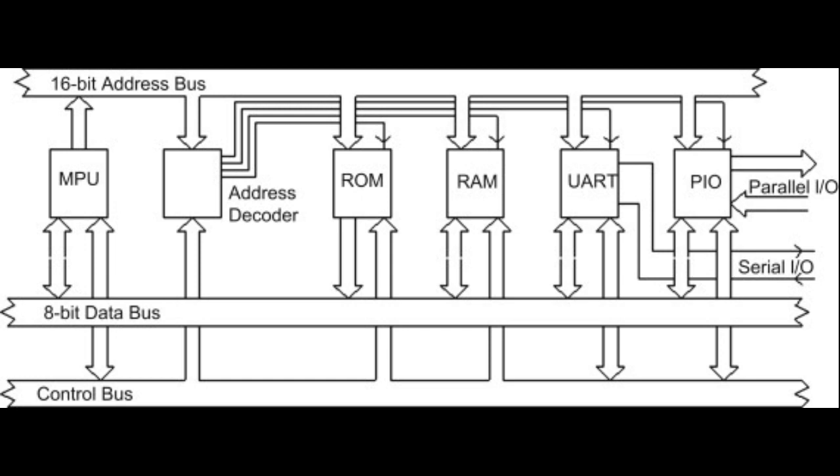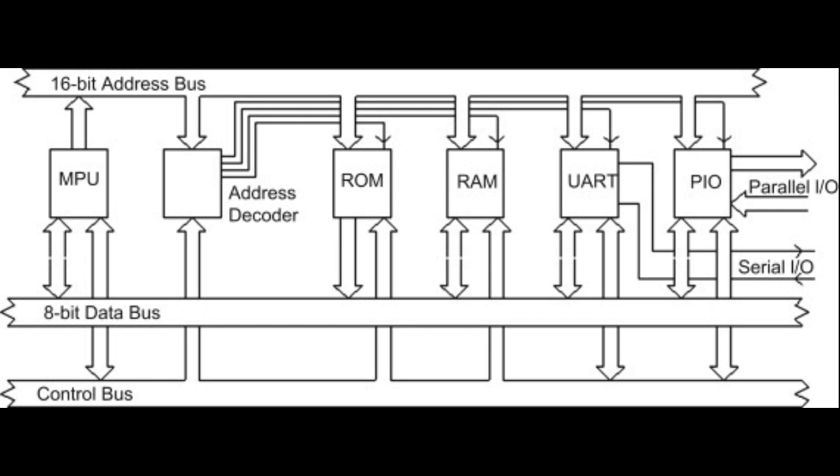From this address, the address decoder, which is programmed to know where the ROM, the RAM, and the various I/O chips are supposed to be in the address space, selects one of these blocks.